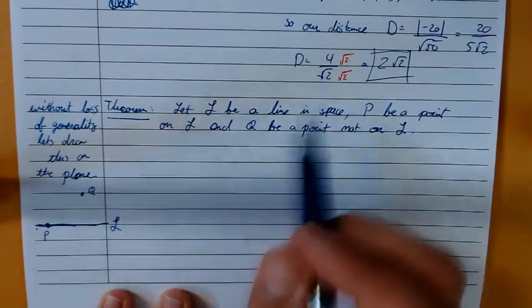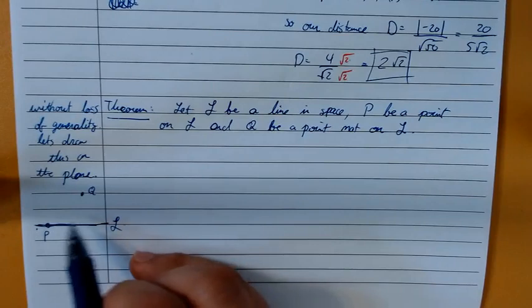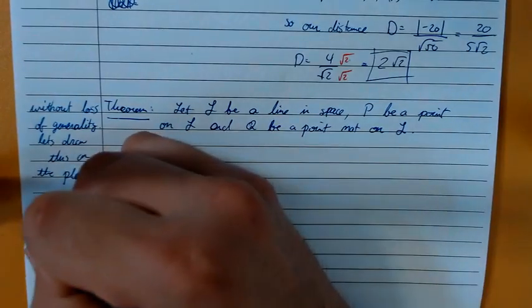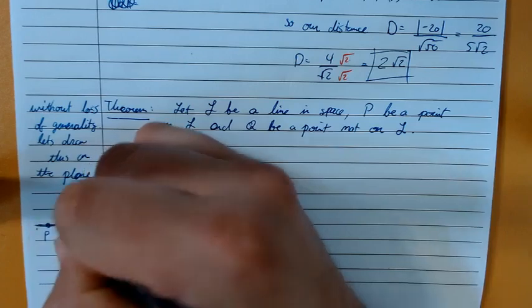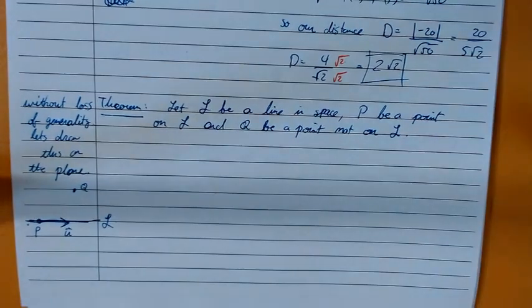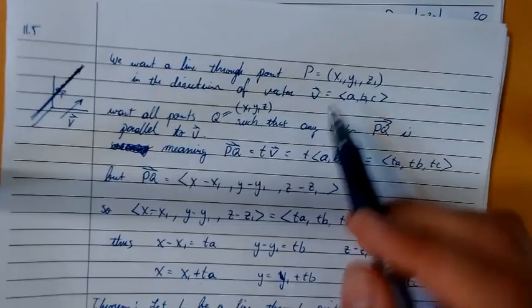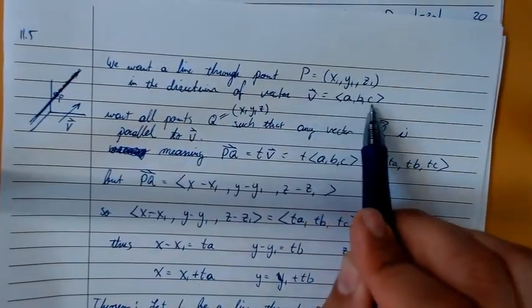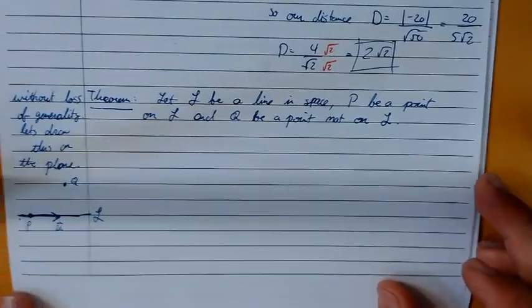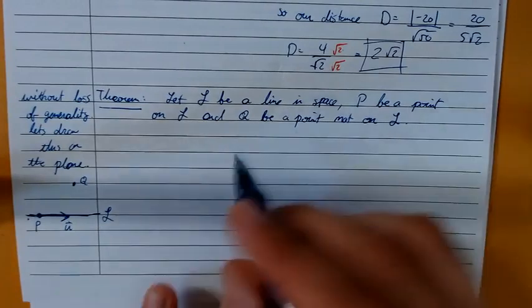Finally, for conditions, anytime you have a line, you can define a direction vector. Here we'll call the direction vector U. Is that what we called it before? Oh, actually, over here we called it V, didn't we? V was the A, the B, and the C. Whatever, U is fine.